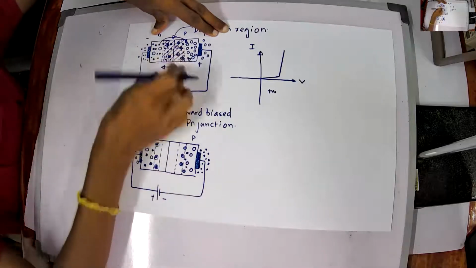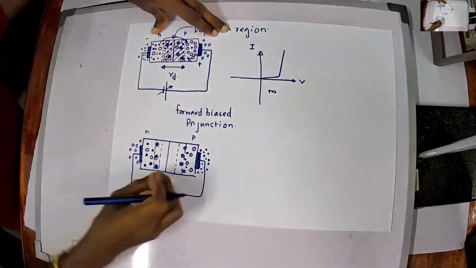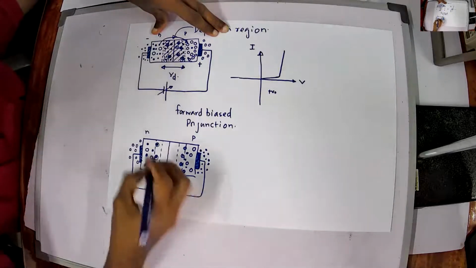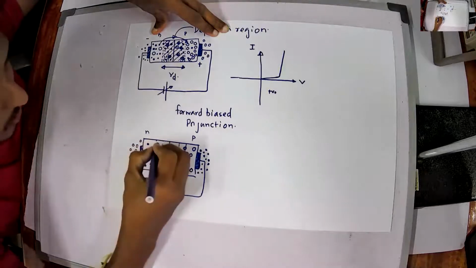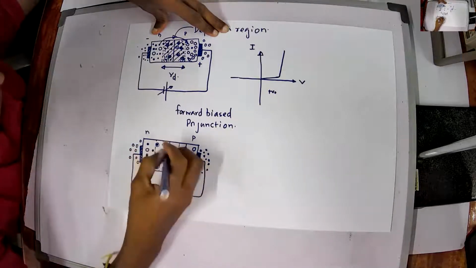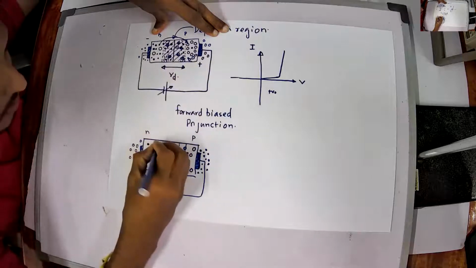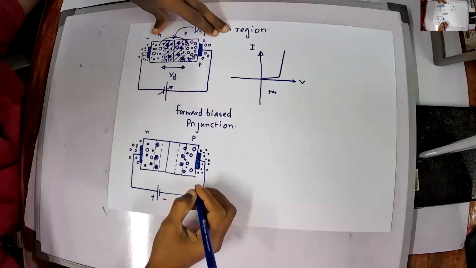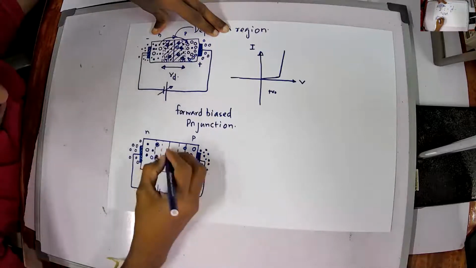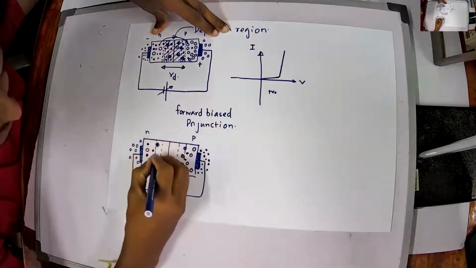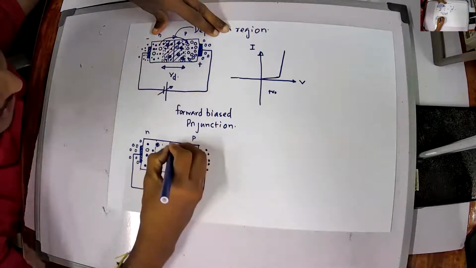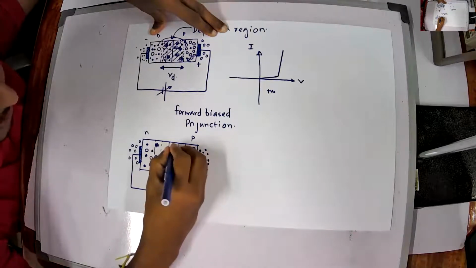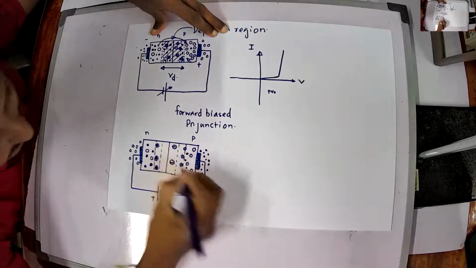So in forward bias, it will get narrower, and under reverse bias, the depletion region will get wider. When a hole is being filled with an electron, as seen earlier, a plus ion is being created, and the other way around, when an electron fills a hole, a minus ion is being created.